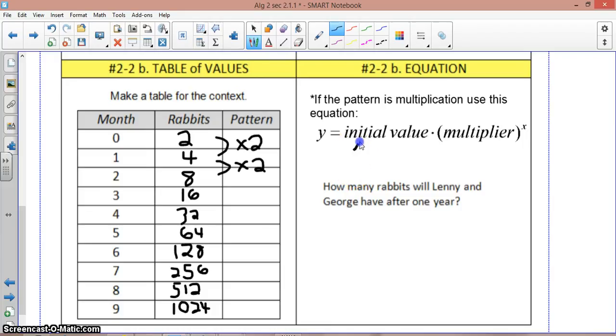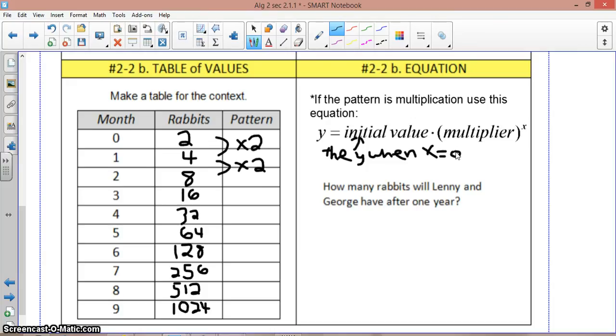Your initial value, in case you're not sure, is going to be the y value when x is 0. And then our multiplier is just the pattern.